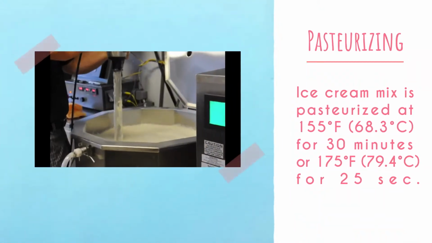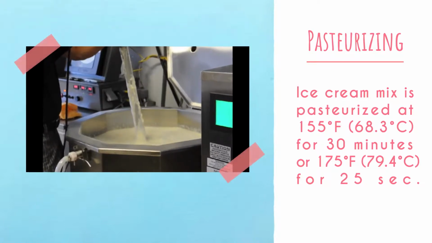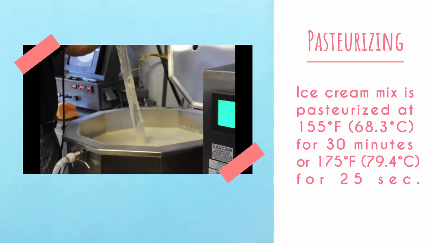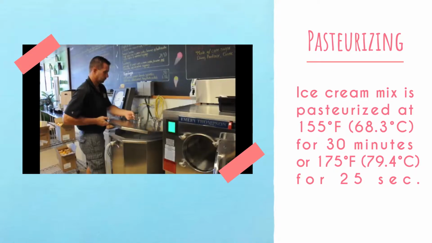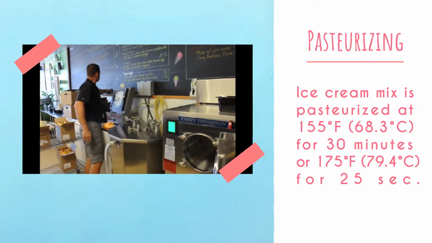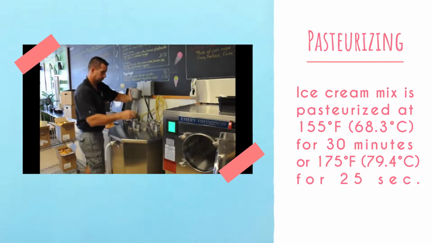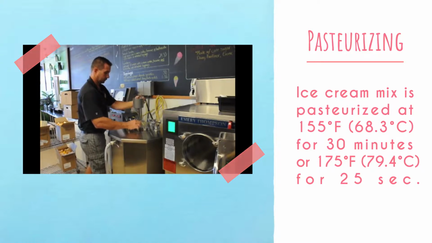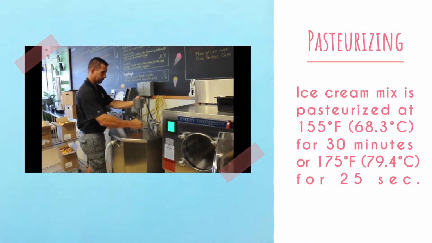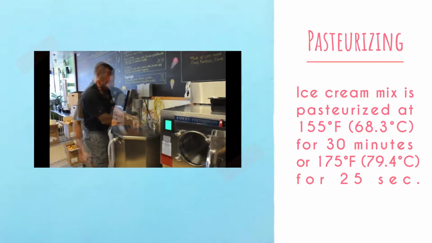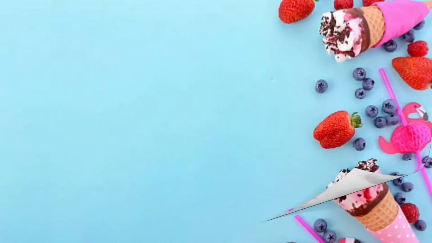Pasteurizing. Ice cream mix is pasteurized at 155 degrees Fahrenheit, 68.3 degrees Celsius, for 30 minutes or 175 degrees Fahrenheit, 79.4 degrees Celsius, for 25 seconds.